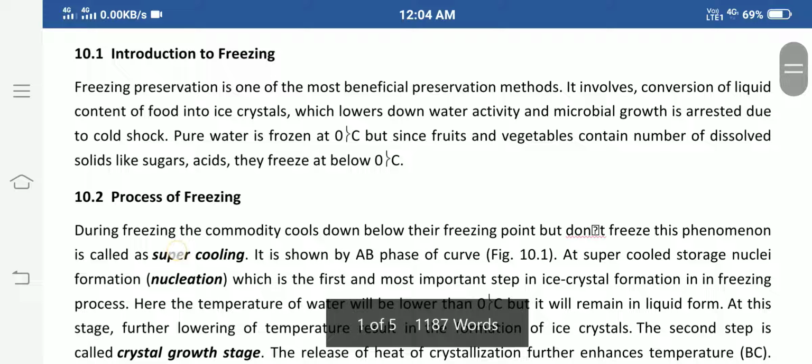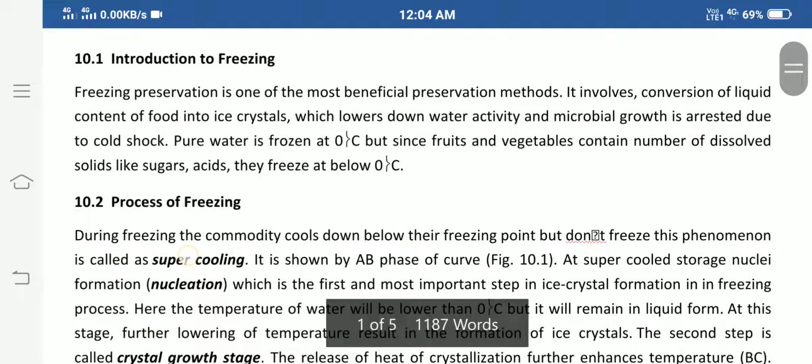Now, we can understand this vapor pressure by a simple example. If a bottle is closed and its temperature is raised, the vapor pressure in the head space will increase because of the evaporation of the water.